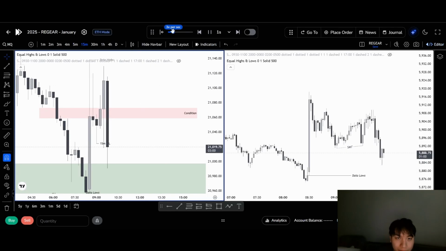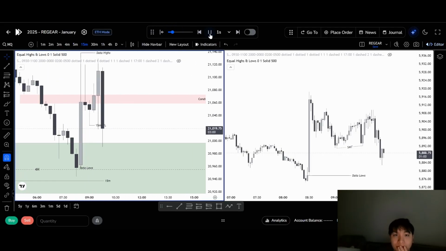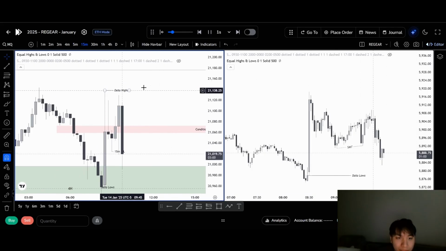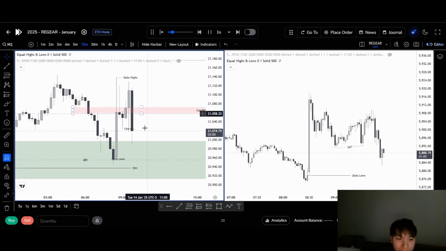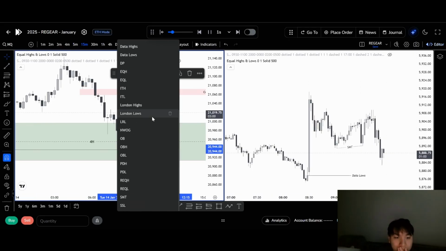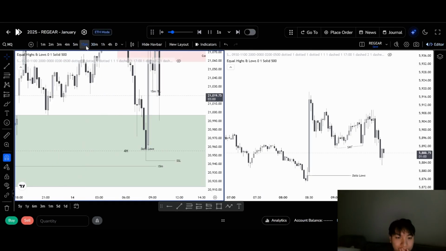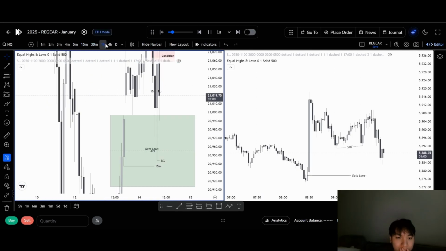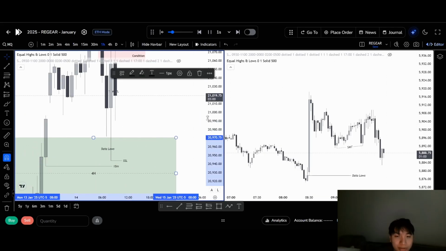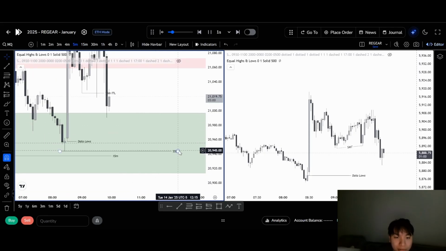I'm gonna go do the 2 second here. Still swept lower. Data highs, 4 hours still intact. Unfortunately, I do want to see the sell side be taken out prior to, because there is a 15-minute below, hourly below, so this intermediate low would be nice to take out.